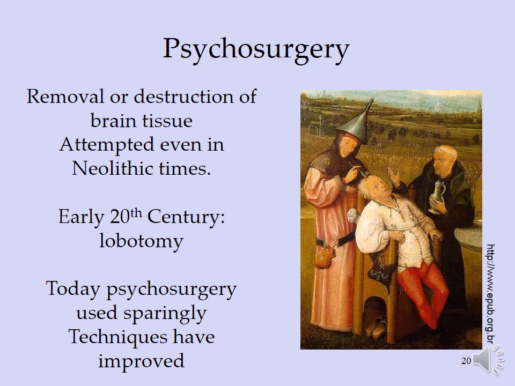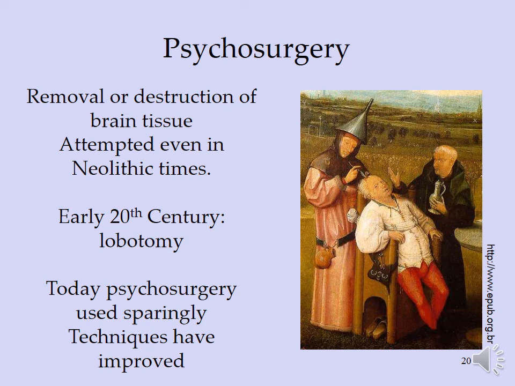Moving on to psychosurgery. This is a procedure in which brain tissue is removed or destroyed in an attempt to relieve a psychological problem. This has been attempted even in Neolithic times. In the early 20th century, psychosurgery was practiced in the form of the frontal lobotomy.